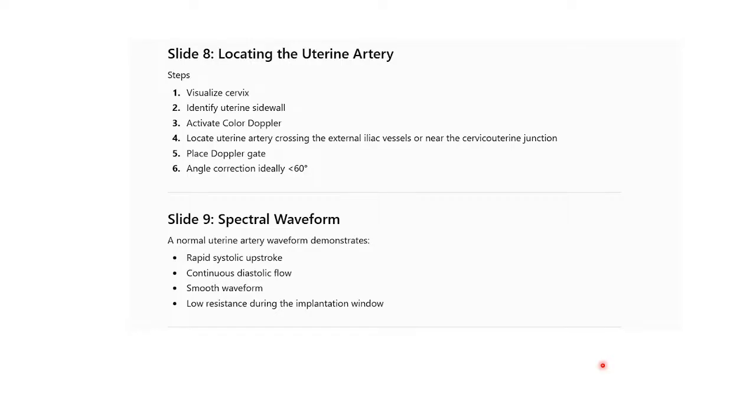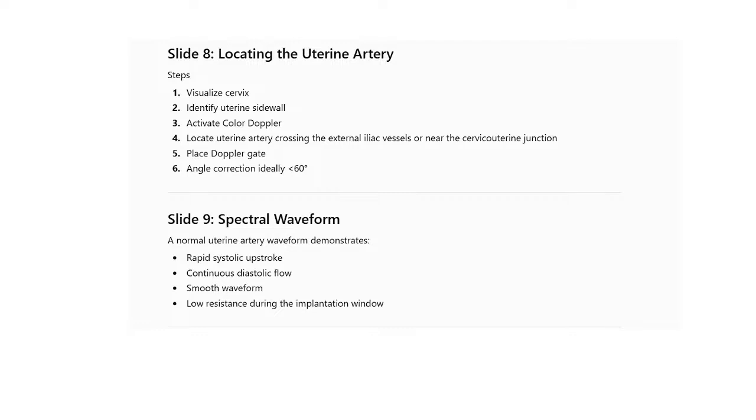So now, how do you locate the uterine artery itself? The steps: visualize the cervix. You should identify the side wall. You must activate color Doppler on the side wall of the uterus, just closer to the cervix, around the area of the os, on the side walls.